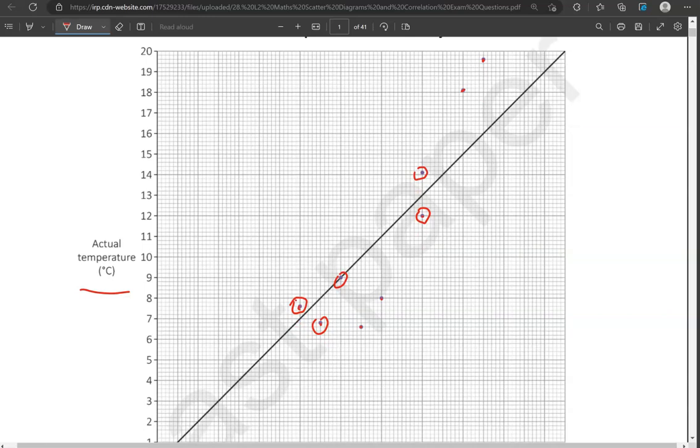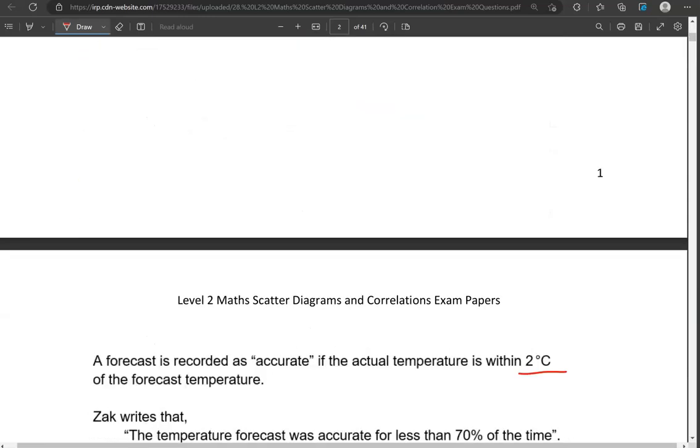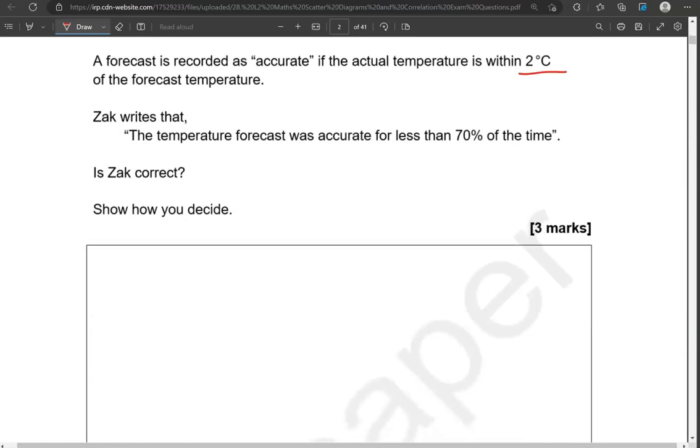We've got 1, 2, 3, 4, 5, 6, 7, 8, 9. So 5 out of 9. So is 5 ninths more or less than 70%?